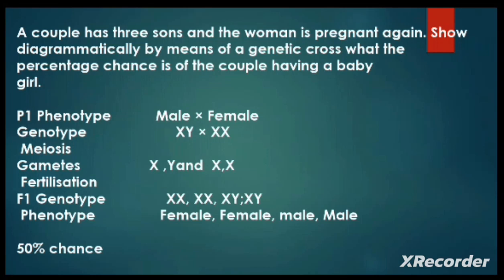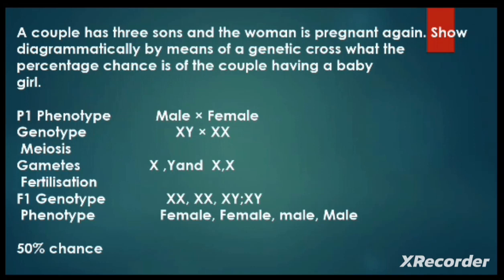What actually happens? So the question says that a couple has 3 sons and the woman is pregnant again, so we should show diagrammatically by means of a genetic cross what the percentage chance of the couple having a baby boy, a baby girl.